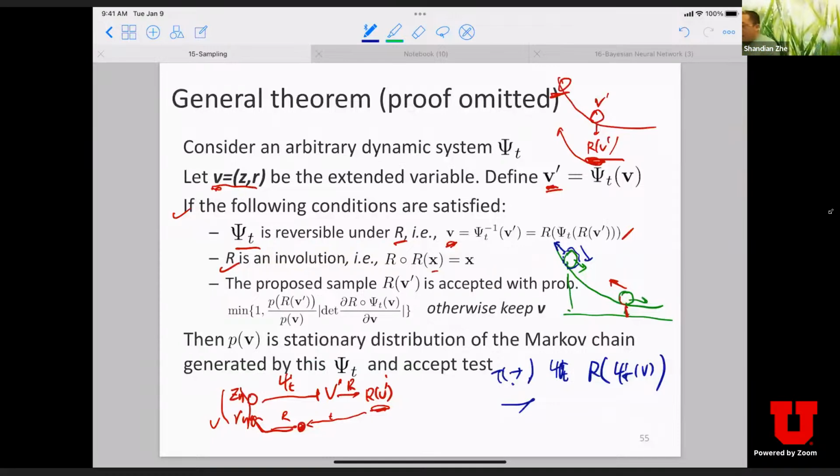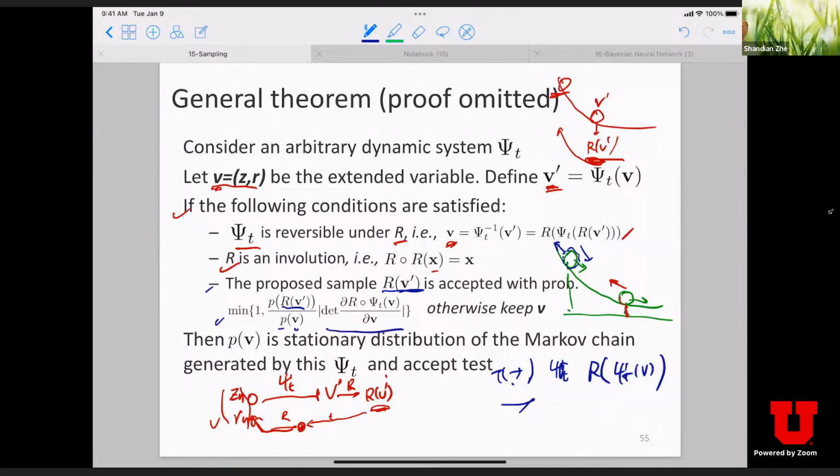Okay. And then the third condition is that after I get my proposed sample, RV prime, I'm going to use this rule to accept it. How can we accept it? We're going to calculate the probability. This probability is: you evaluate the target distribution at RV prime, namely our proposal, and divide by the target distribution evaluated at the original state V, multiplying with this Jacobian.